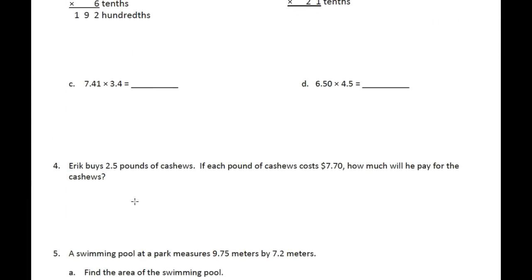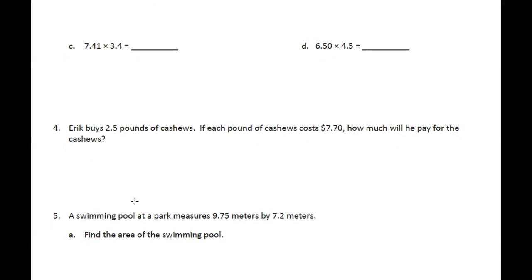Let's take a look down here. I'm going to do one of these with that method that I showed you at the beginning. I'm not going to do any word problems today. We know that if we have 6 and 50 hundredths, and I multiply it by 100, I'm going to get 650.